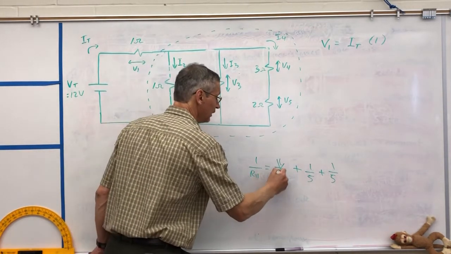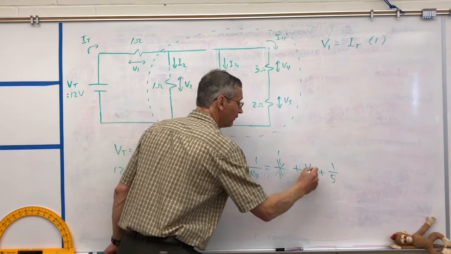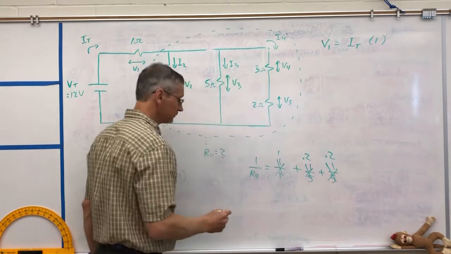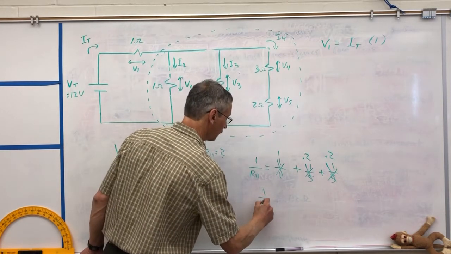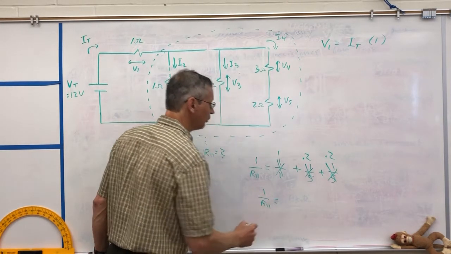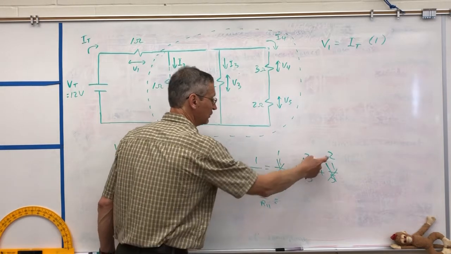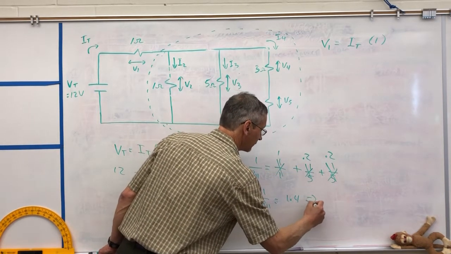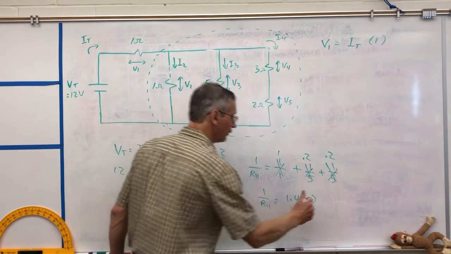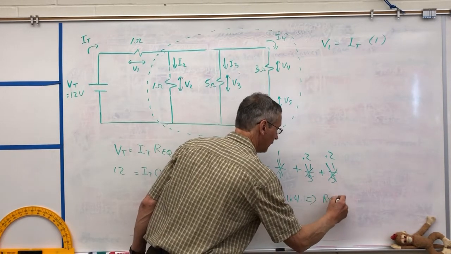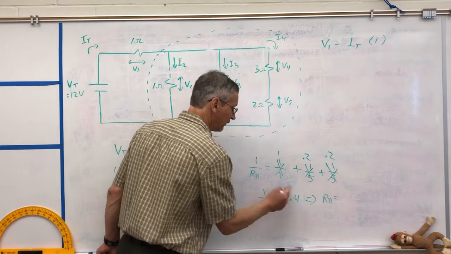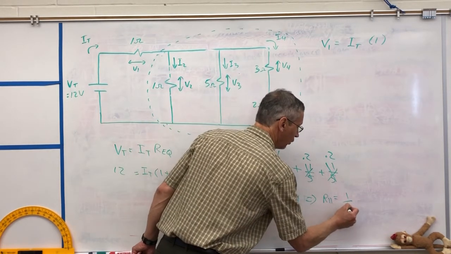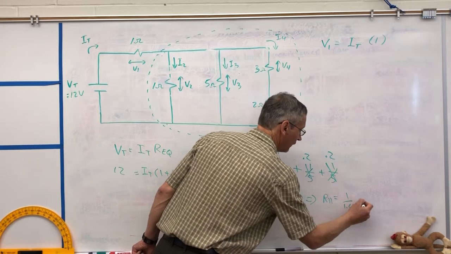1 over 1 is 1, 1/5 is 0.2, 1/5 is 0.2. So 1 over our parallel is going to equal what? 1 plus 0.2 plus another 0.2, 1.4. So if you flip this side over, you're going to get our parallel. And if you flip this side over, well, there's an imaginary 1 down there, you're going to get 1 over 1.4.